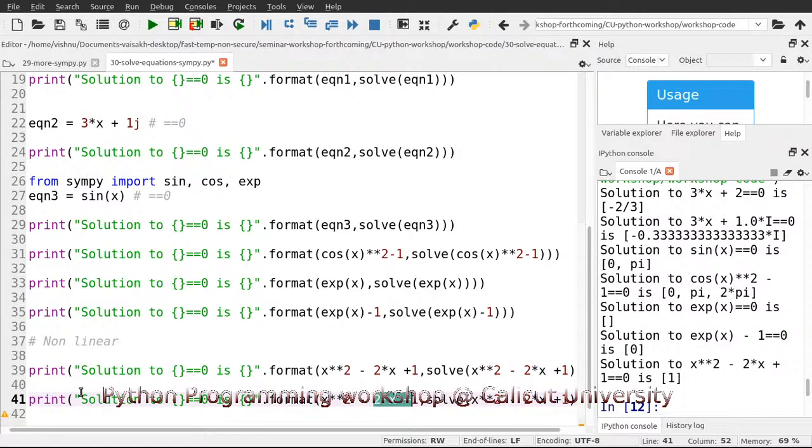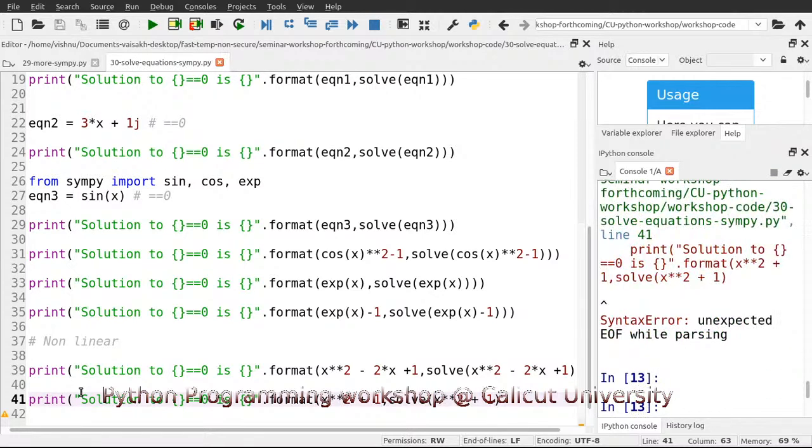So what about x square plus 1? Not 1j, x square plus 1. Unexpected indent.